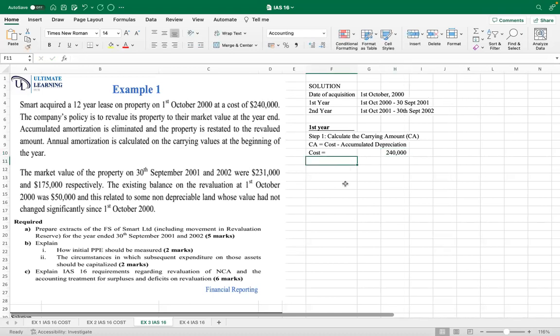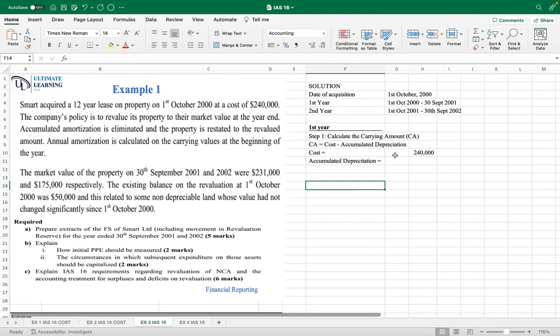Now, next we need to find the accumulated depreciation. Now remember, we are at the end of the first year.